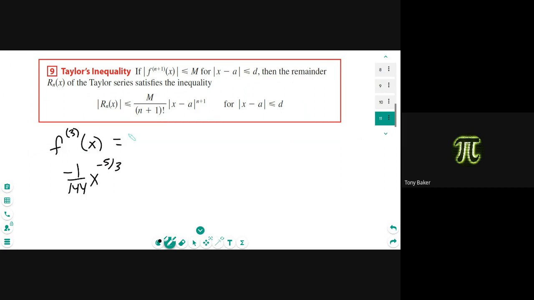So what's the third derivative? We'll just figure it out. There you go. We pull down the negative exponent, right? And then it's going to be x to the what? Just add 3. So this is going to be 5 over 432.